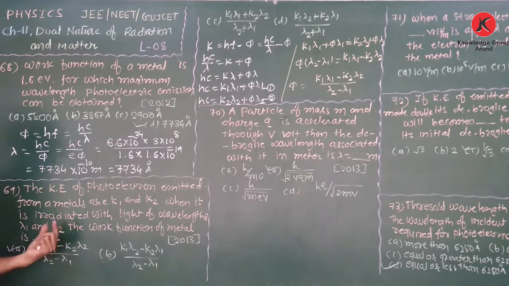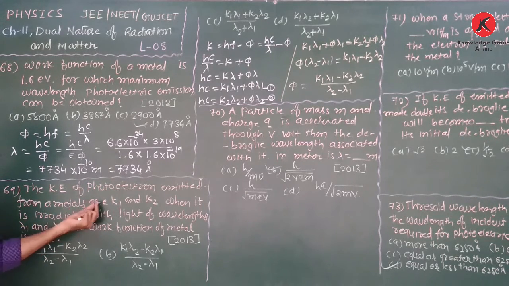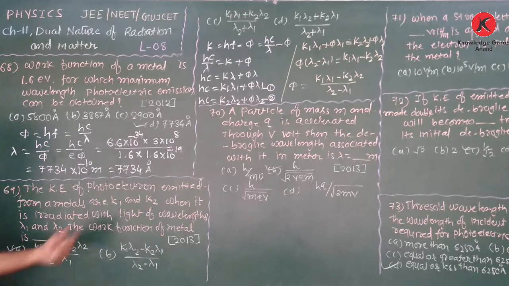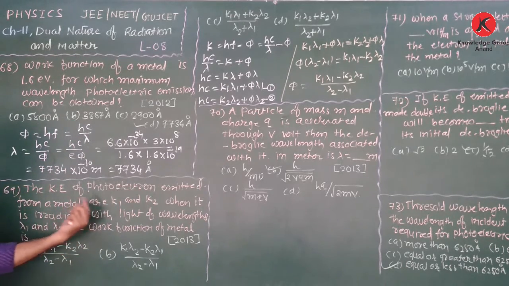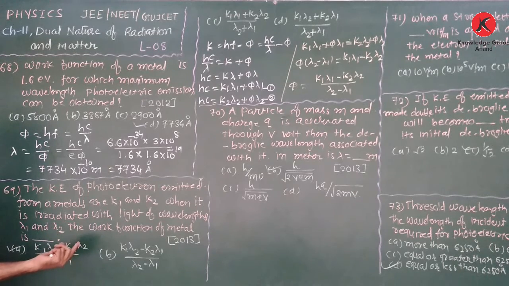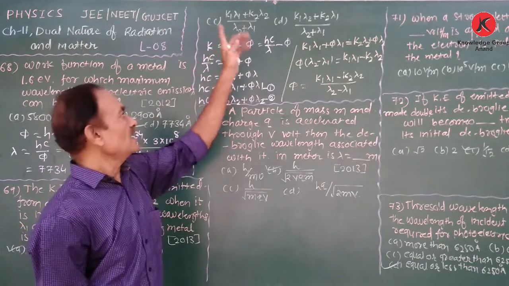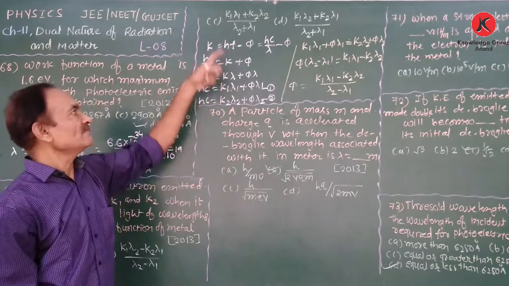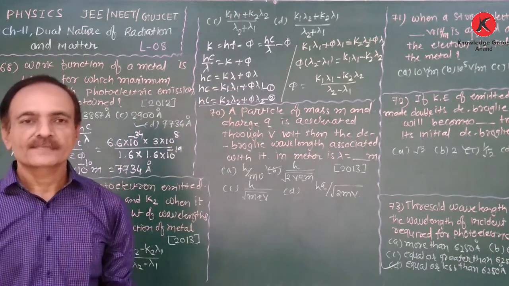Again here, the kinetic energies of photoelectrons emitted are given as K1 and K2. These kinetic energies are associated with light of wavelength lambda 1 and lambda 2 illuminating the metal. So what should be the work function of this metal? From Einstein's photoelectric equation, maximum kinetic energy is equal to hf minus phi.